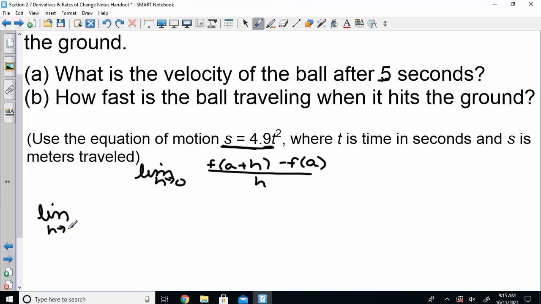So if we do the limit as h approaches 0, f of a plus h means you go to your function and you replace your variable with an a plus h. Minus f of a, so you go to your function, replace your variable with an a, all over h.